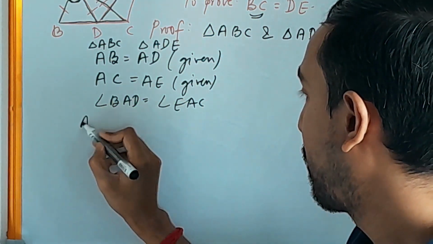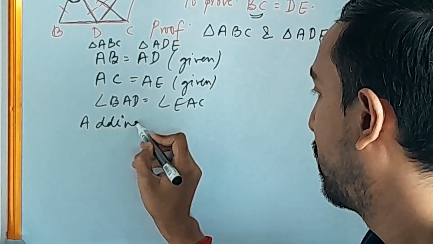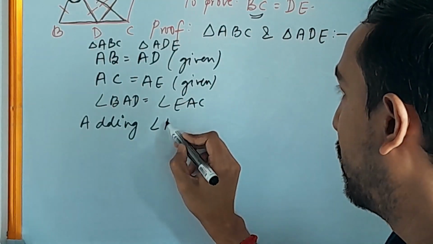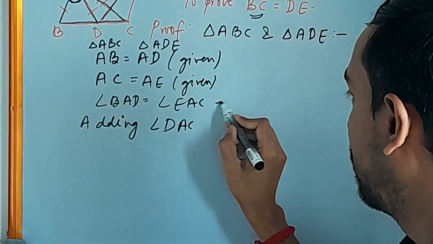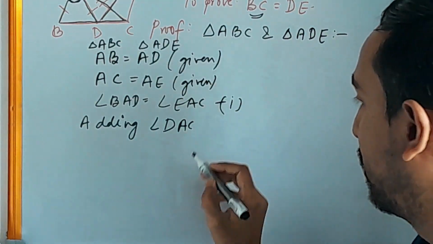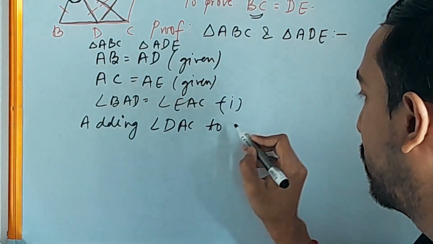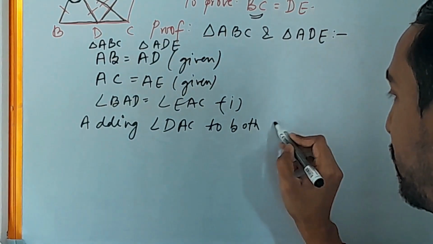So now, adding angle DAC, let's make this equation 1. So adding angle DAC to both sides of equation 1.